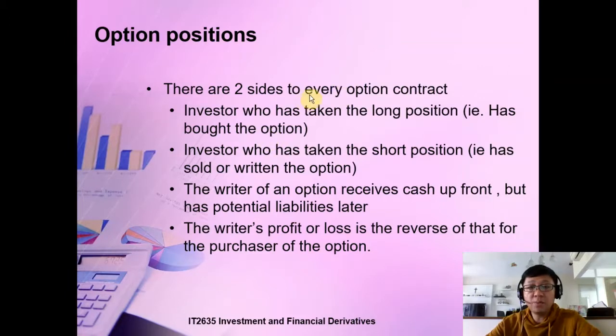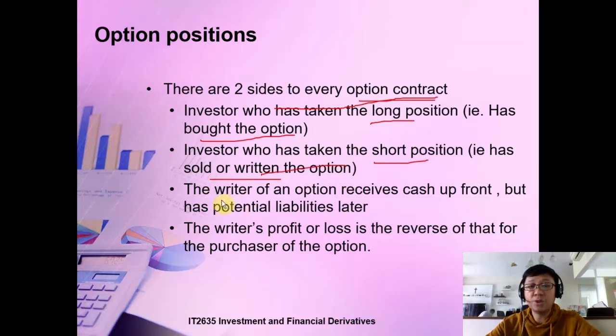For every option, like in any derivative, there are always 2 positions. One is the long position, the other is the short position. Long means buying the options, short means either you sell or you write the options.